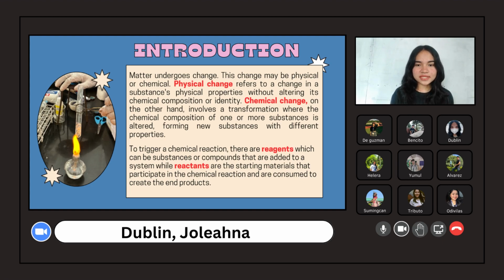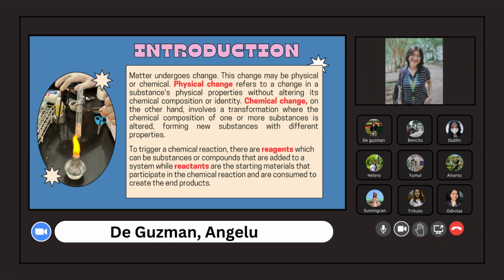The starting substances, called reactants, are converted into new substances, called products, through the breaking and forming of chemical bonds. Examples of chemical changes include combustion or burning, rusting of iron, digestion of food, and the reaction between baking soda and vinegar to produce carbon dioxide gas.